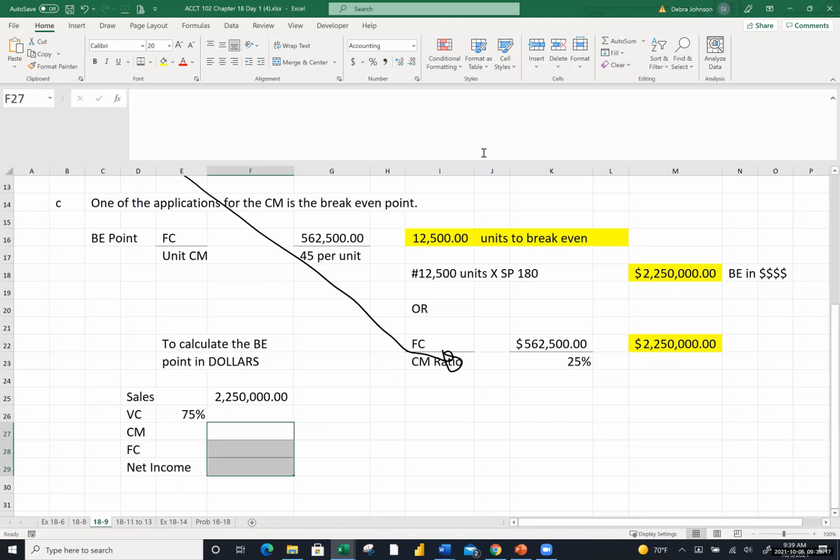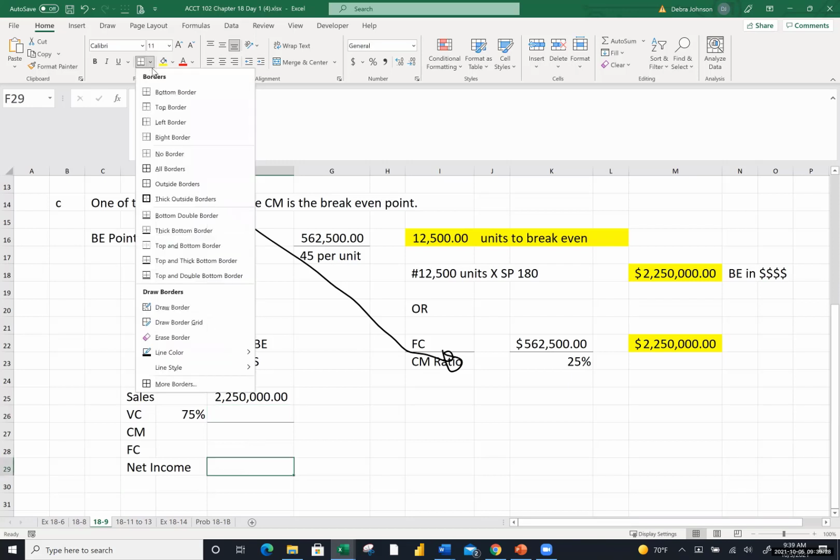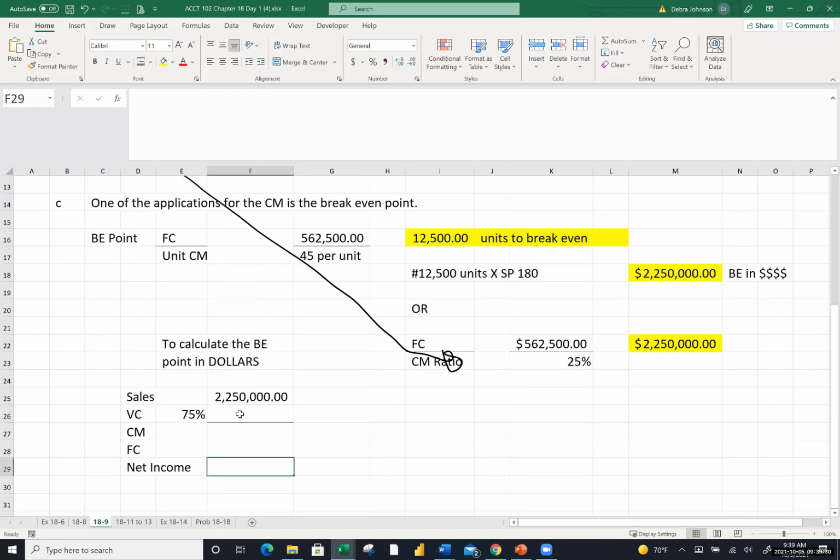Sorry, I have total lines in the wrong places. Let me go clear those, and let me put my total lines back in here where they should be. I'll start over. I'm going to prove to you that based on this cost concept, our net income will be zero because 75% of our costs are variable. So I'm going to multiply that out. My contribution margin then would be the difference.